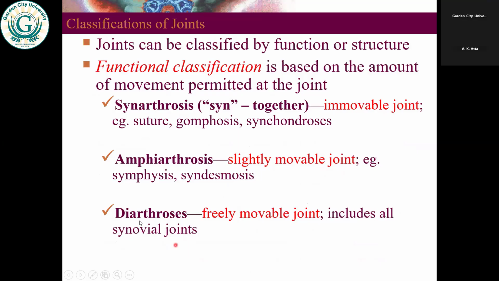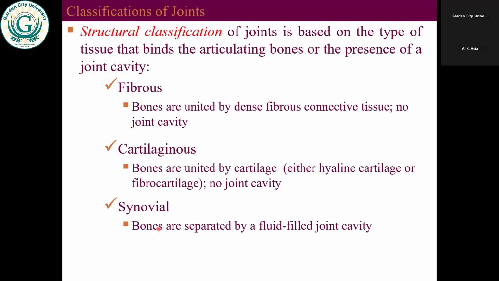All synovial joints are diarthrosis. The types that you are seeing here, we'll look at them, so don't worry. So just know that there's synarthrosis, amphiarthrosis, and diarthrosis. By function, we are looking at the amount of movement permitted: freely movable, slightly movable, then immovable.